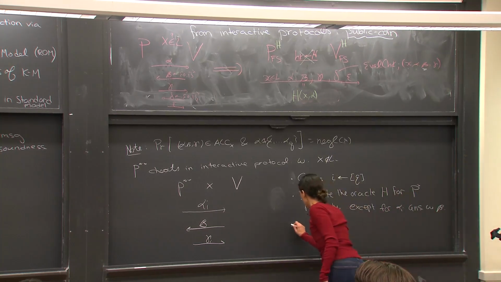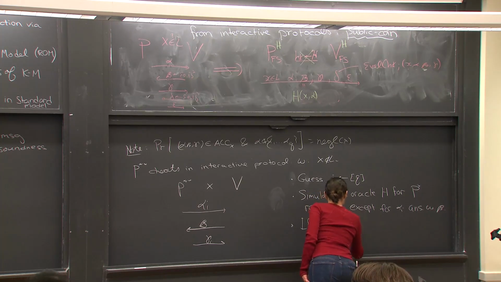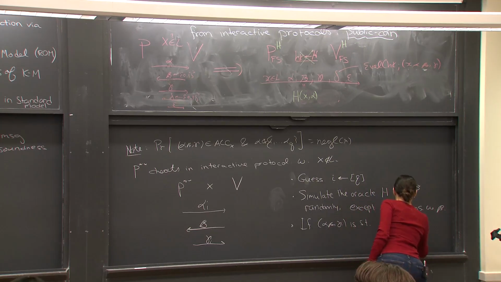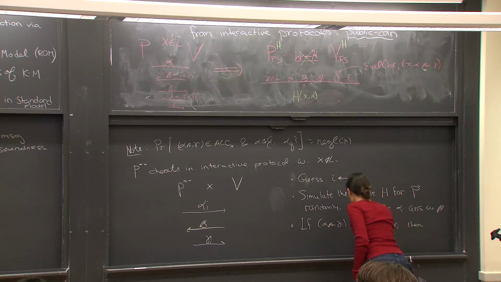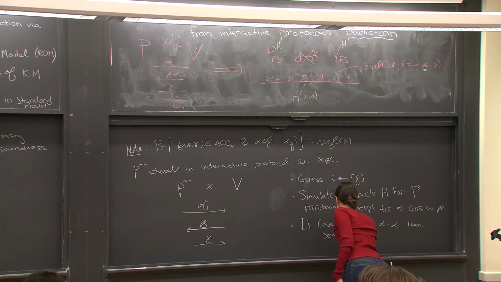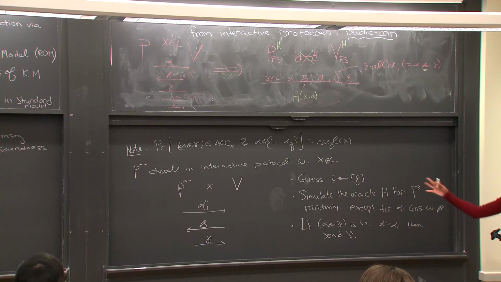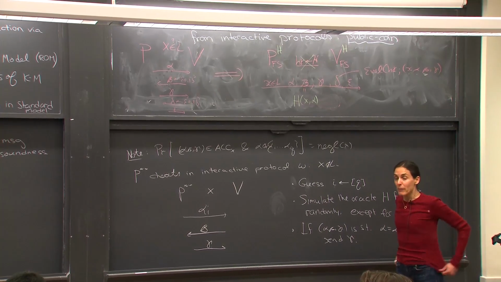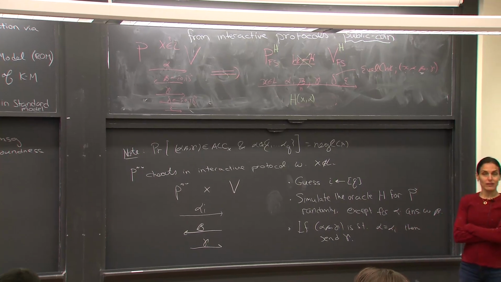And then if alpha, beta, gamma is such that alpha equals alpha i, then let's call this gamma, and send gamma. That's the protocol. That's the cheating prover. That's P double star. Now, what is the probability that P double star is accepted?